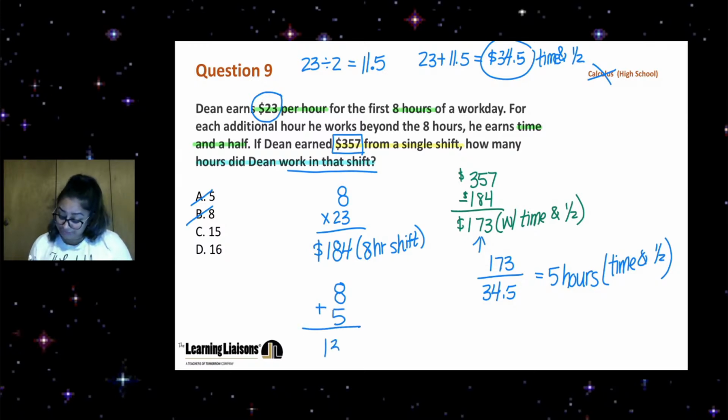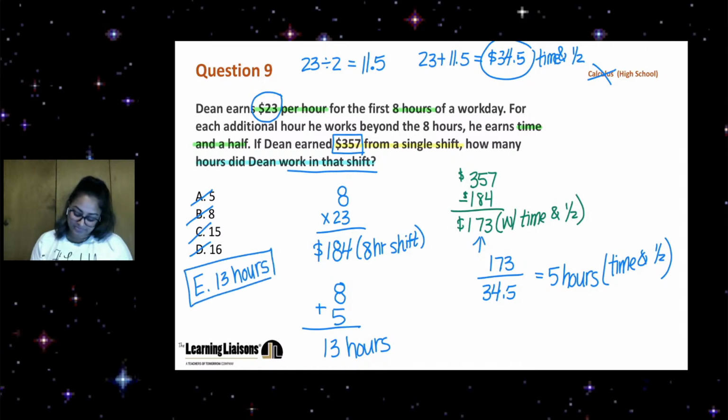And we actually get 13 hours. So my answer is not even on there. So we're going to make an E because I'm crazy. And you guys are definitely laughing at me now. That's okay. Humans make mistakes. Our answer is E, 13 hours.